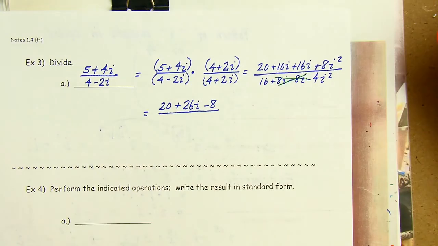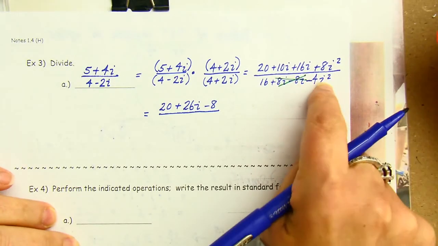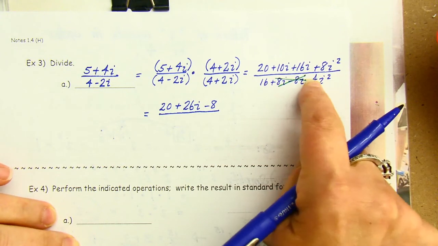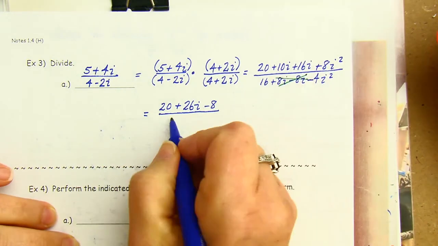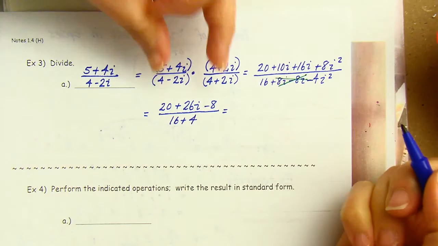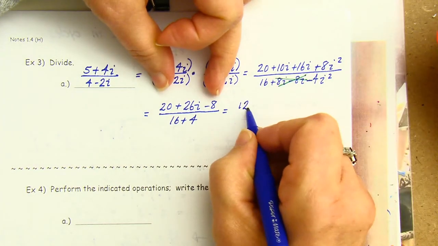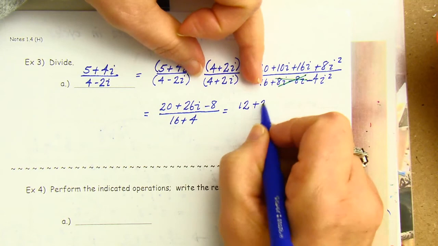They always will. That's why we do this, to make that happen. And here I've got a negative 4i squared. Well, i squared is negative 1 times negative 4 is positive 4. So this becomes 16 plus 4. Now I'm going to do 20 subtract 8 and get 12 plus 26i.